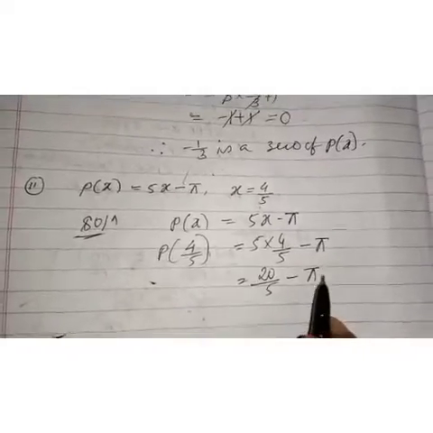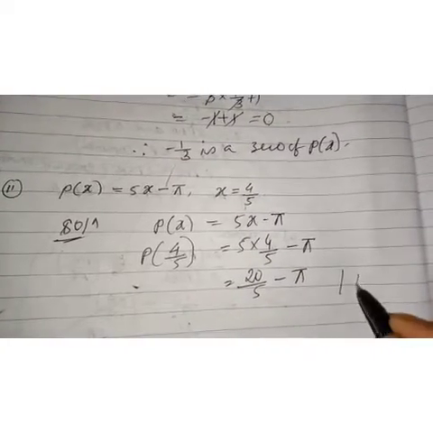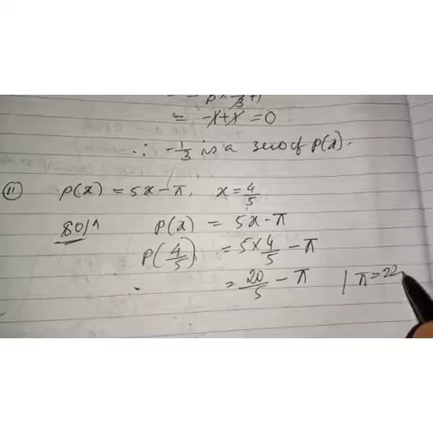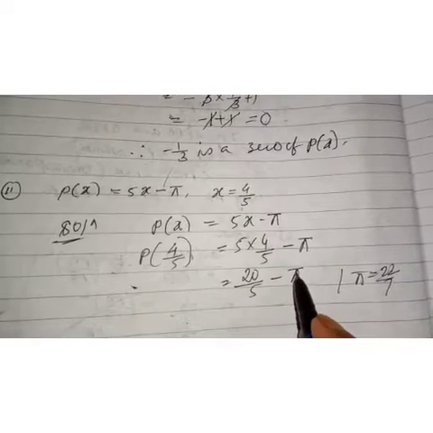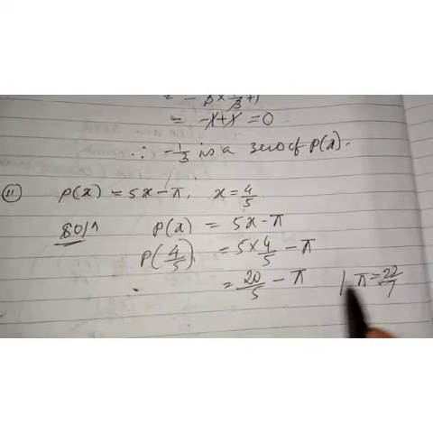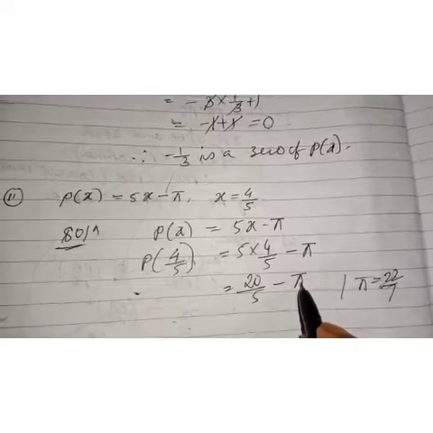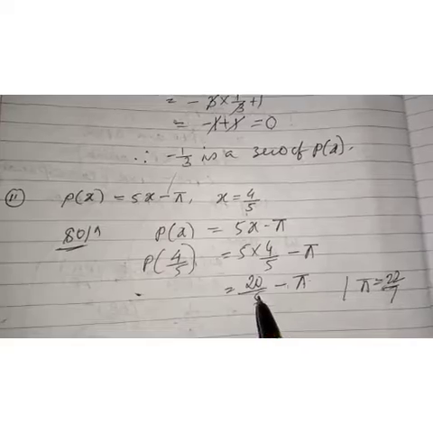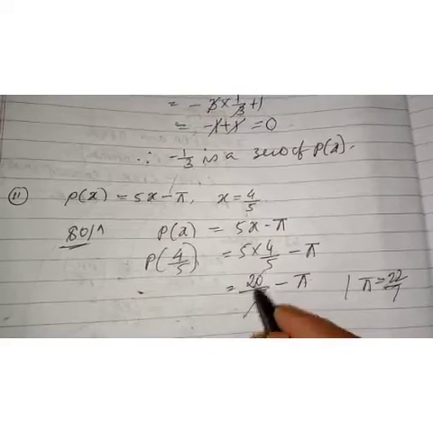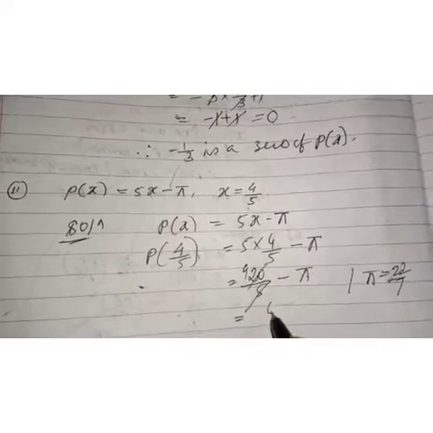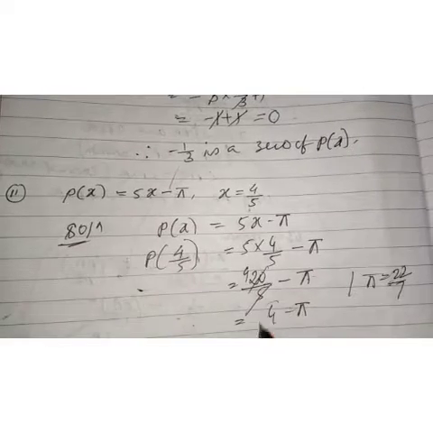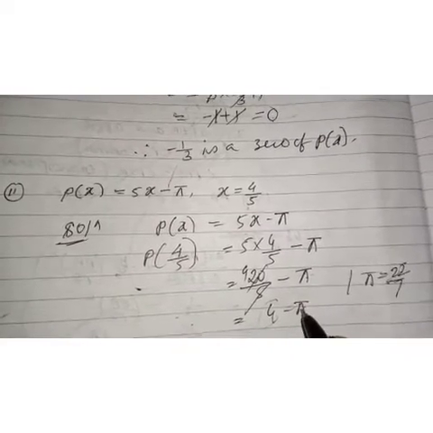See, we know that the value of pi is 22 by 7. If you put 22 by 7 in the place of pi, will this give you 0? No, it will not, because 5 into 4 by 5 is 4. So 4 minus pi, where 4 is 4 and pi is 22 by 7.